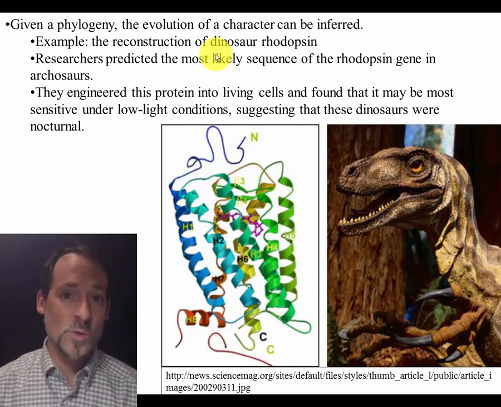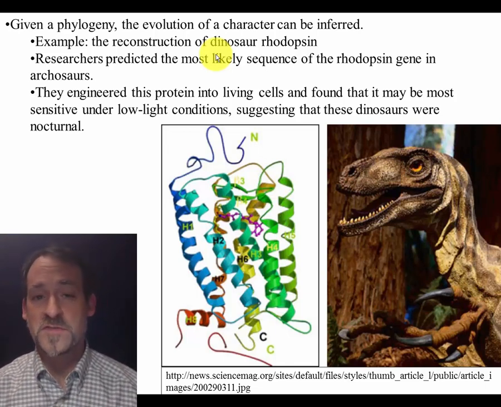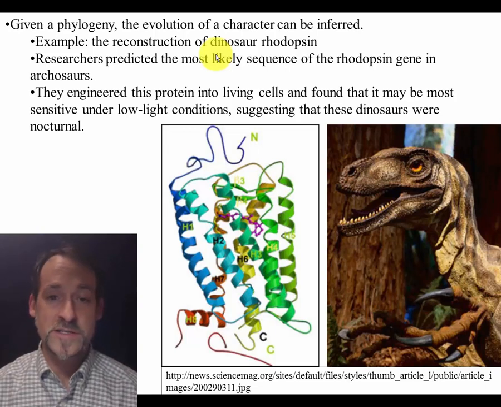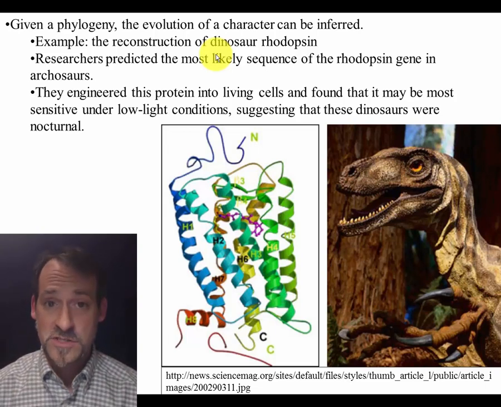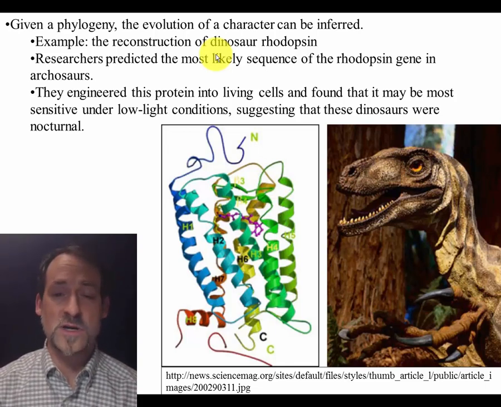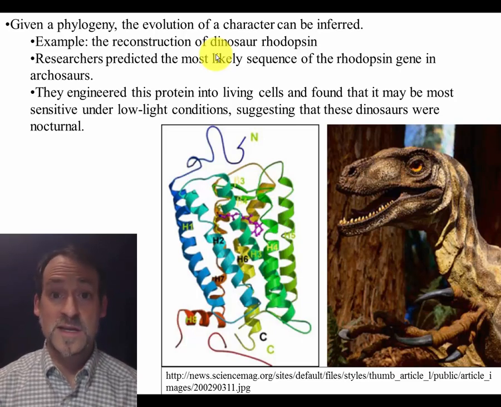As we get more and more genetic data, we're going to be able to do more and more of this. In fact, we're shortly going to be getting to the point where we will be able to reconstruct the entire genomes of organisms that have been extinct for a very long time. And what this could do is it could open up all kinds of exciting doors to our understanding of how the organisms that we see on Earth today have evolved.